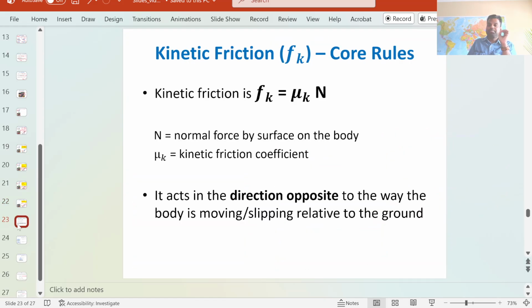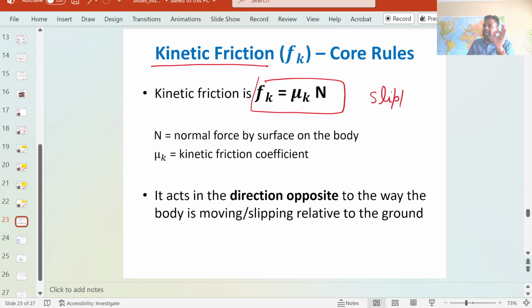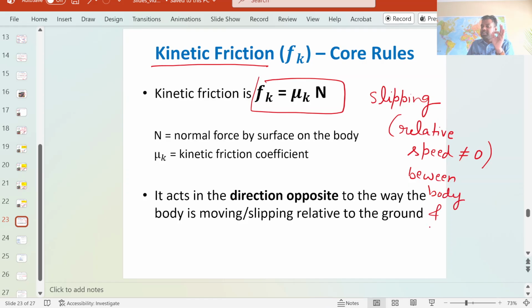Now, let us talk about kinetic friction. Kinetic friction is always mu Kn, and kinetic friction is when you have slipping, or the relative speed is not zero between body and surface.